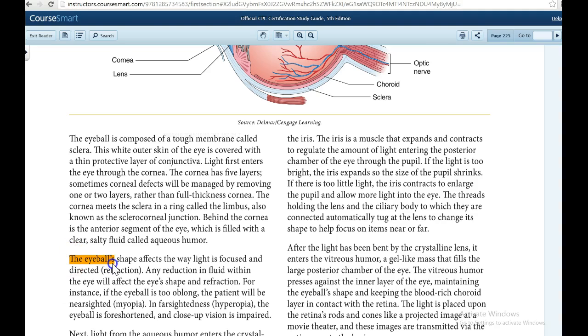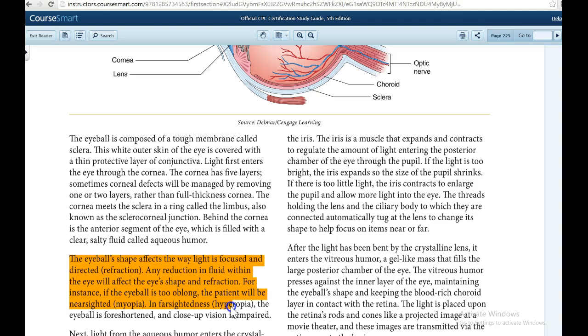The eyeball's shape reflects light, and it is focused and directed, or refraction. Any reduction in the fluid within the eyeball will affect the eye's shape and refraction. For instance, if your eye is too oblong shaped, the patient will be nearsighted, and the term for nearsighted is myopia.